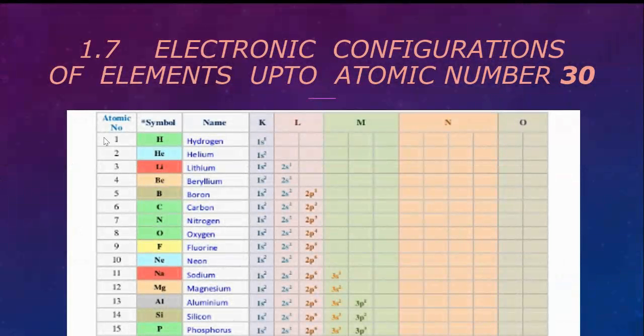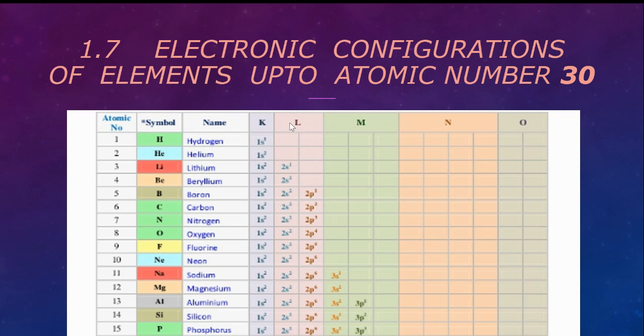These are the rows. The first row indicates the atomic number and the symbol of the element, then the name of the element, and then this is the first shell, that is K, n equal to 1. For n equal to 1, there is only one orbital, the s orbital.